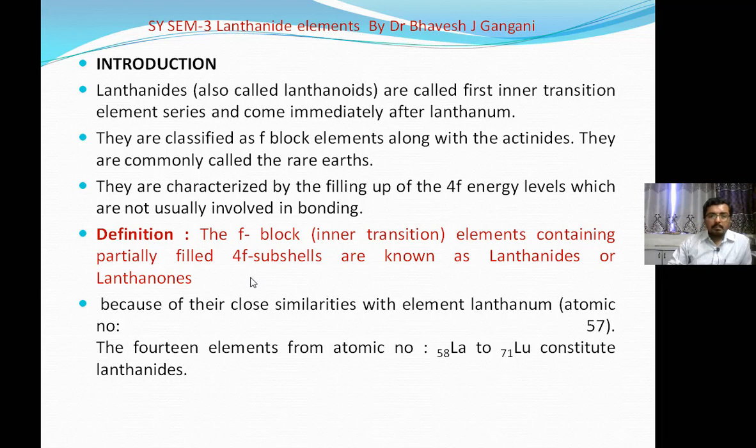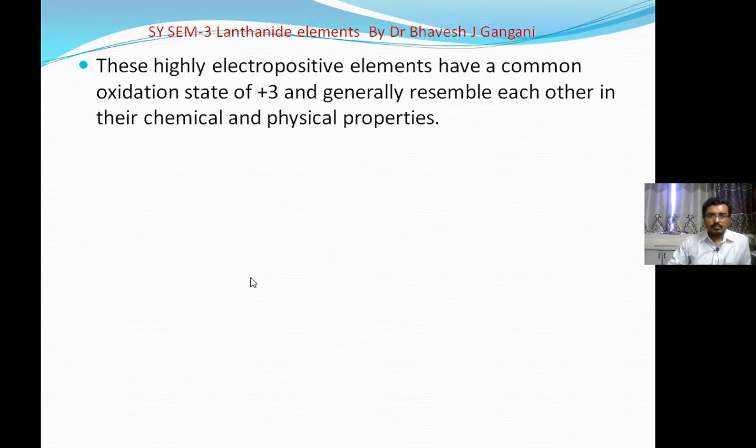For making notes, take a screenshot of this PPT also. Now, when we take all lanthanide elements, it is observed that all these elements are highly electropositive and they have a common oxidation state of +3. So all lanthanide elements are given a common symbol Ln.